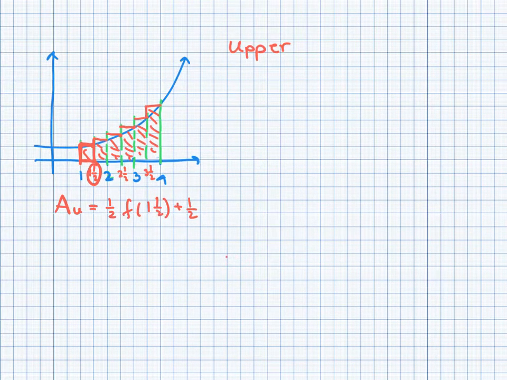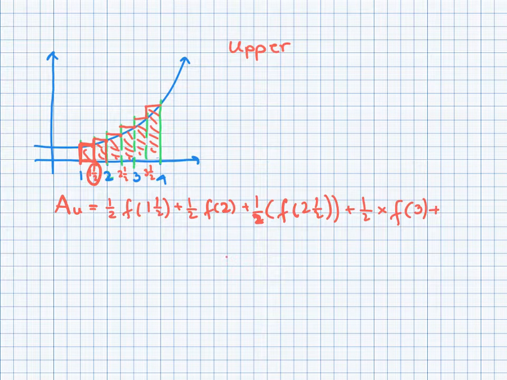For the next one between 1.5 and 2, we're looking at this one here when x is equal to 2, so half times f of 2, plus half times f of 2.5, and then plus half times f of 3, and then plus half times f of 3.5.